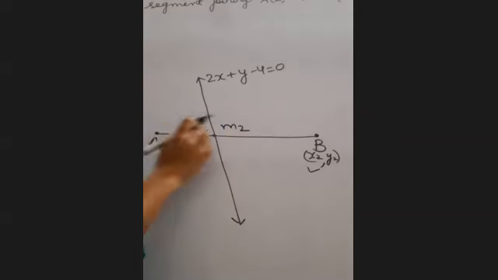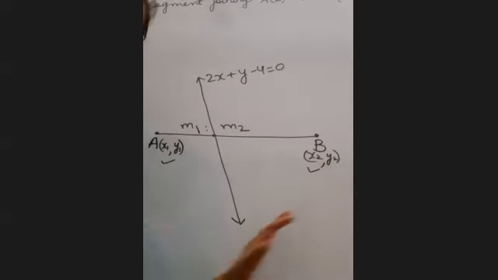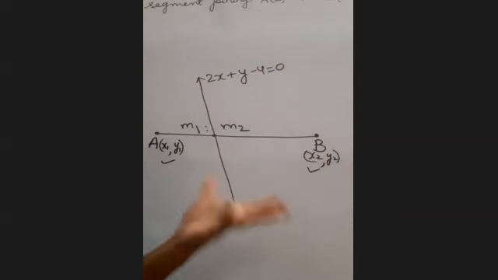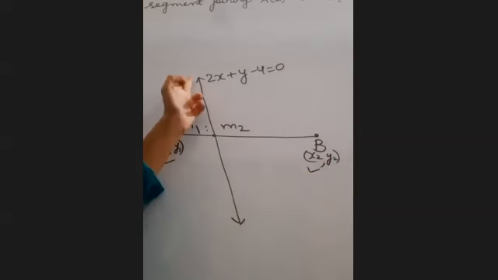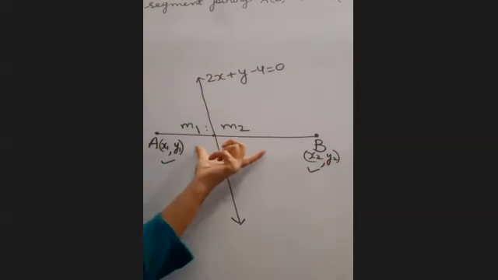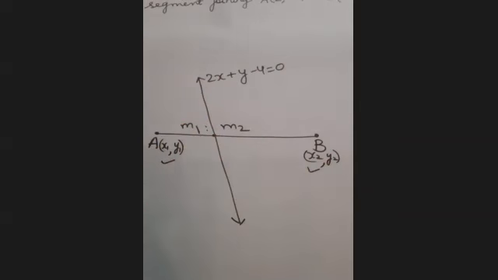Our target is to find the value of m1, m2. Children, are you clear with the question first of all? What is given and what is asked in the question? We are given a line which is dividing this line segment in some ratio, and we have to find this ratio, beta. Okay?